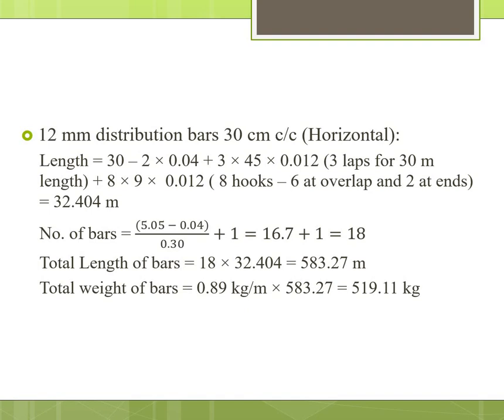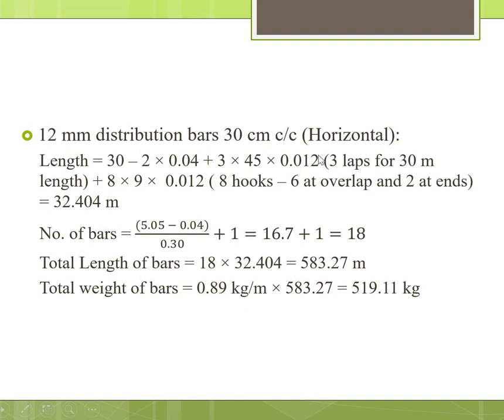While overlapping, generally we tell the length of overlap is 40 to 45 times D. You can assume any value between 40 to 45 times D. Here I have taken 45 times D, where D is the diameter of the reinforcement. So here there are 3 overlaps, that is each bar will be 12 meters, so 3 times you have to overlap to get 30 meter length of the bar.